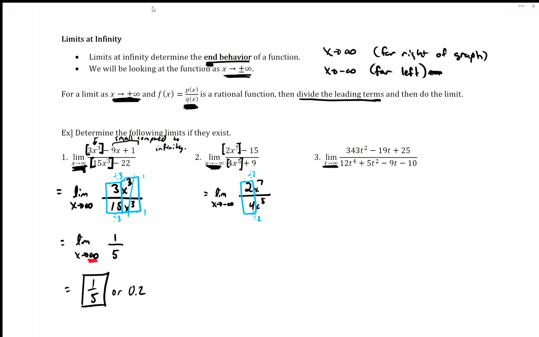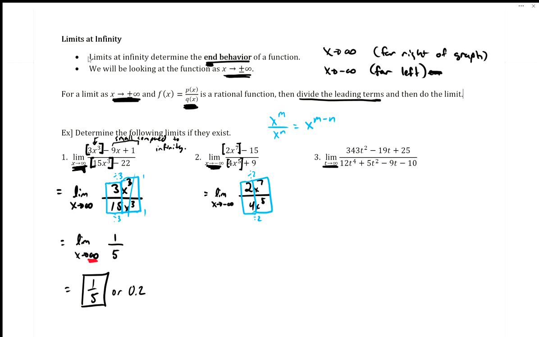And then the x to the 7th and the x to the 5th reduce. Remember the rule for reducing bases: if it's x to some power over x to some power, we subtract the two powers to simplify. 7 minus 5 is 2, so it would become x squared.